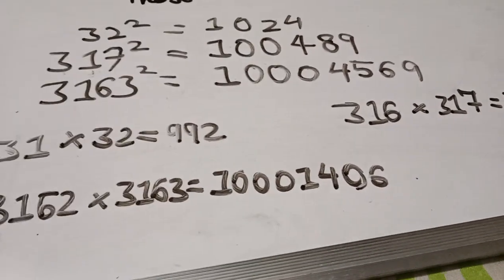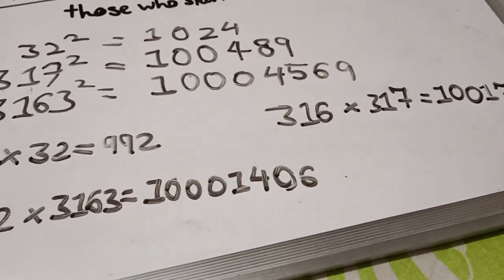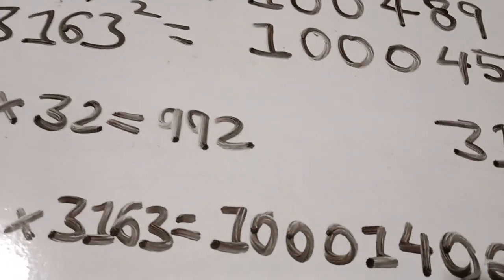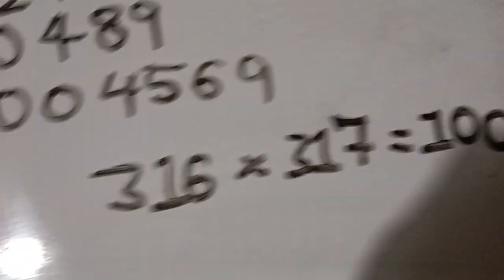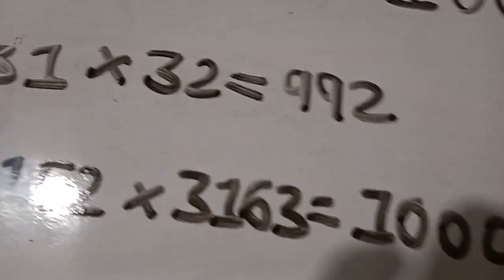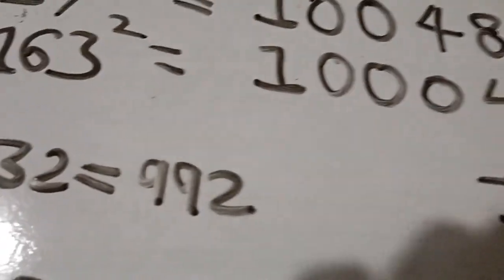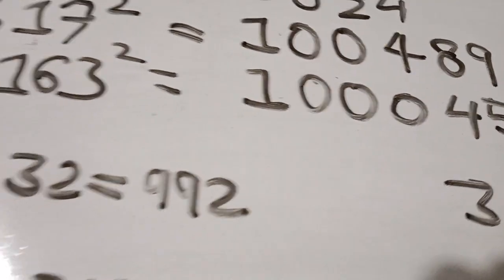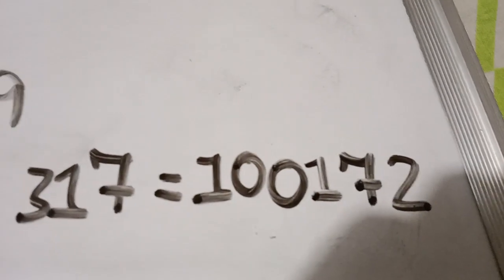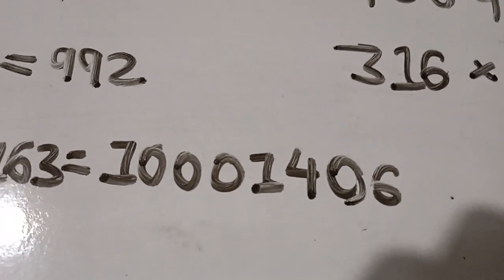So 992 is the least value here, because it starts with a 9, and the rest of these start with the number 1. So 31 times 32 is 992, which is almost close to 1000, this is almost close to 100,000, and this is almost close to 10 million.